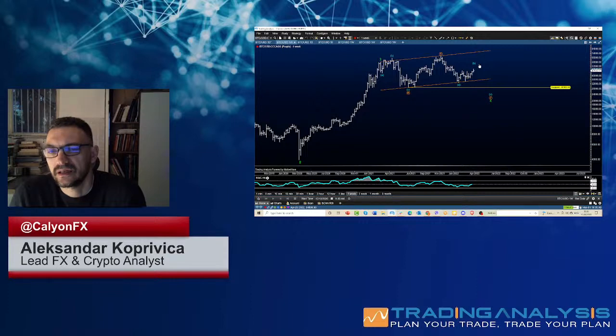This will be a flat in 3 waves down in flat for W, X, and then you will have a simple A up, B down, C towards 20 to 25K, breaking all of these levels which I have told you. So I don't think a flat is an option here anymore, because it doesn't look like 5 waves down in a flat. If you have anything moving sharply on the downside, this will most likely be a C wave of the Y wave, which will make this a very complex correction in the Elliott wave world.